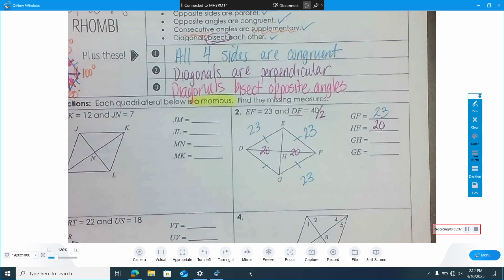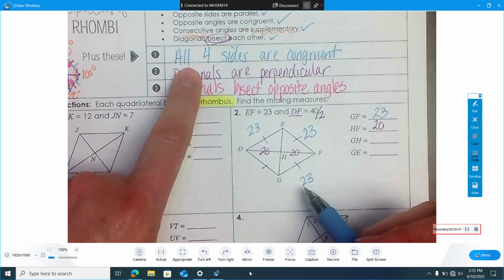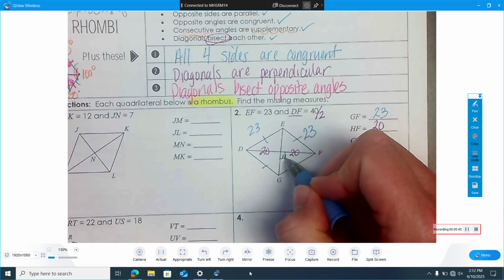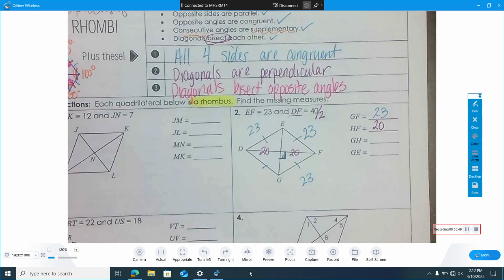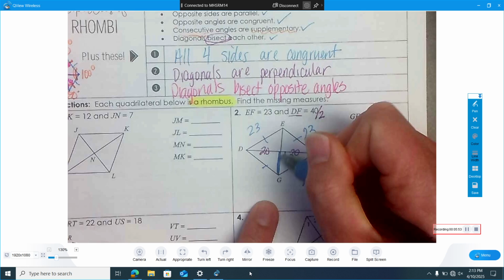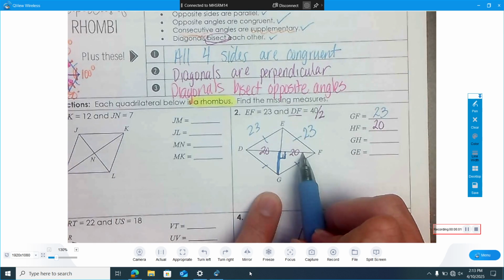All right, what else do we know about rhombi? All four sides are congruent, but also the diagonals are perpendicular. And I need to find this side GH right here. How do I figure this side GH? Pythagorean theorem. Good. We have leg squared plus leg squared equals hypotenuse squared.